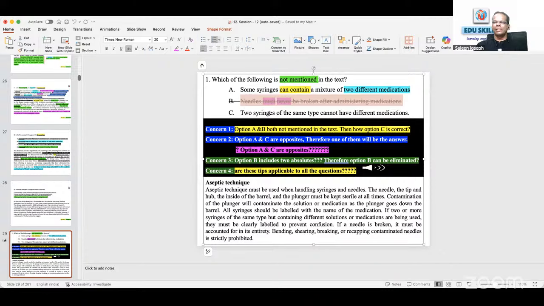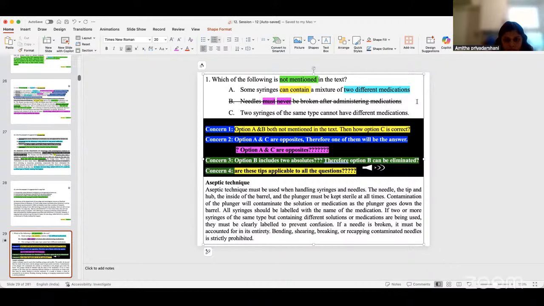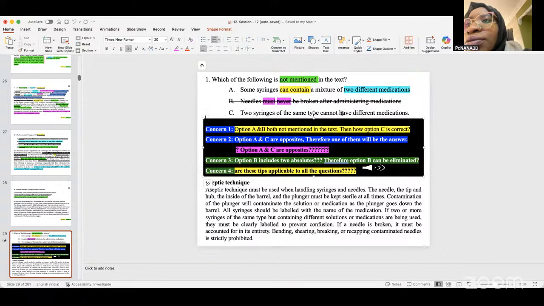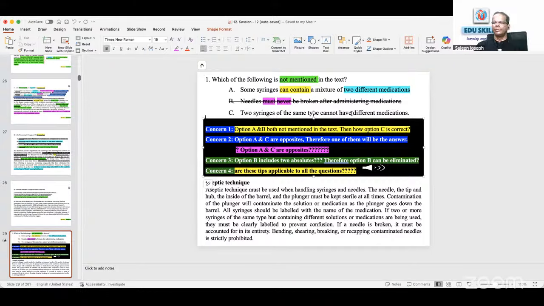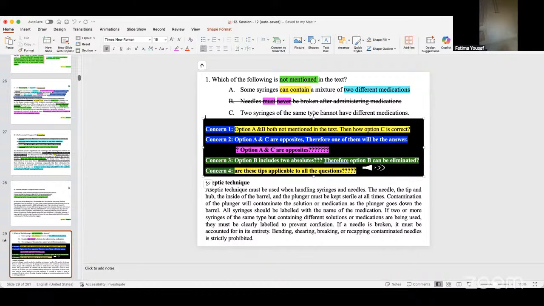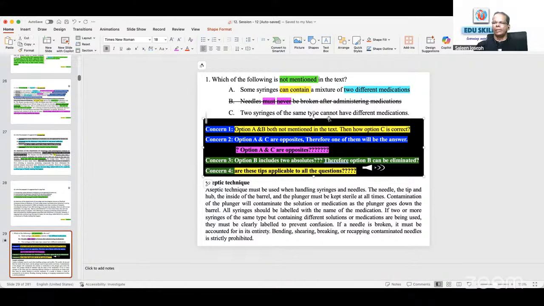Two syringes of the same type cannot have different medications. First one says can contain. Oh, I'm not able to highlight.